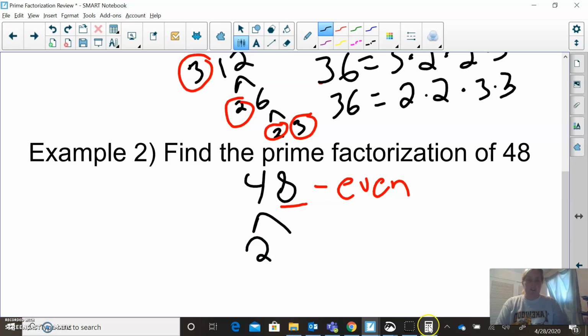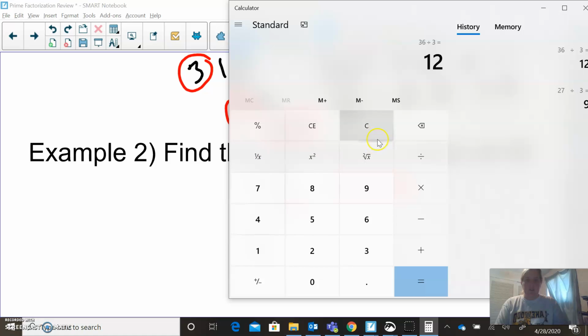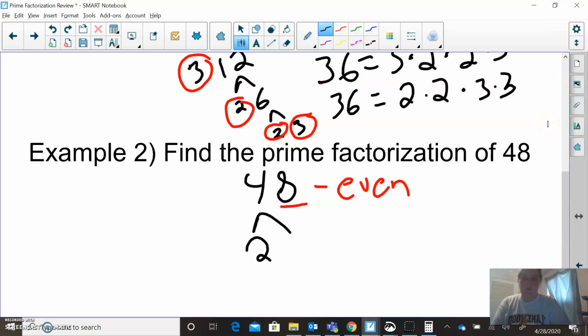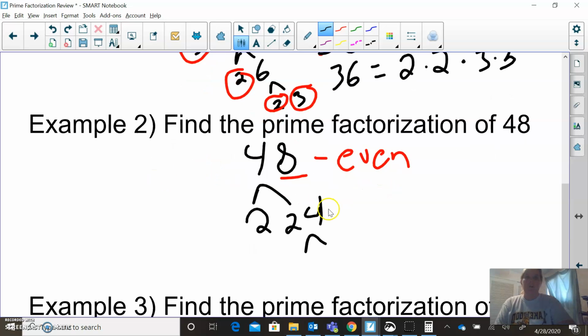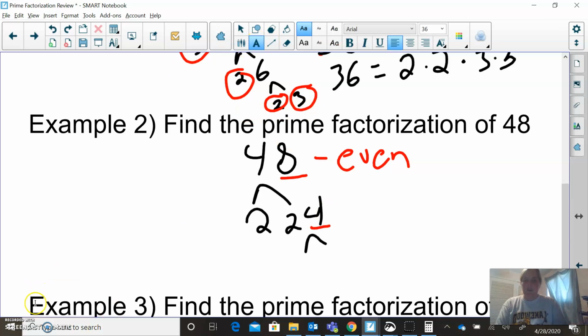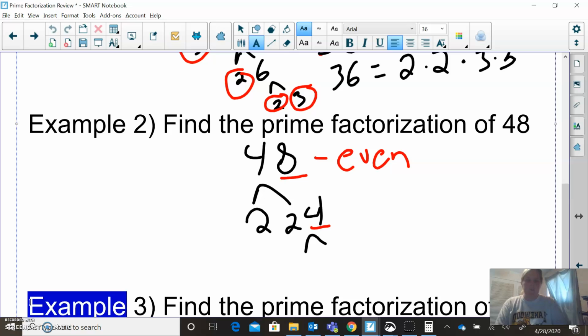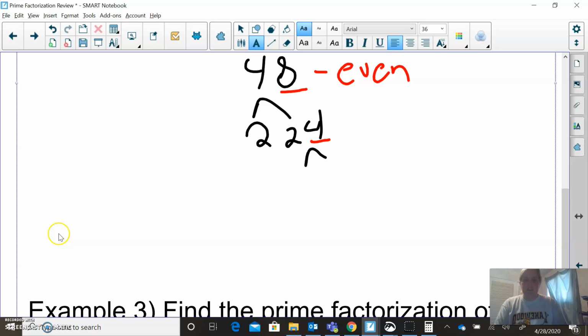And if you come into your calculator again, you can try 48 divided by 2. You'll get 24. Okay. So 24, 4 is even, therefore 24 is even, and that means that there's something we can multiply by 2 to get to 24.